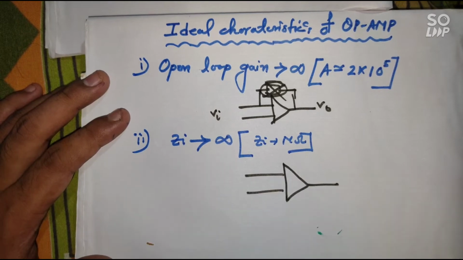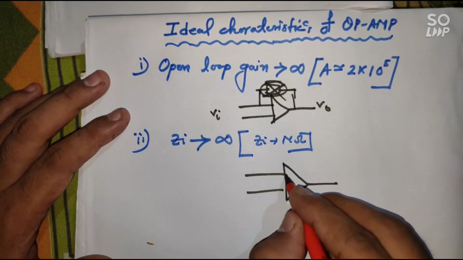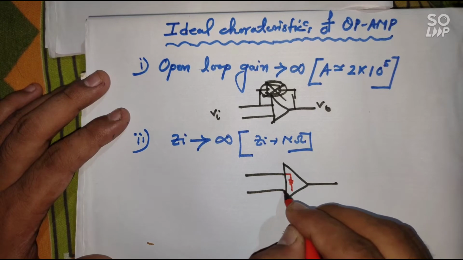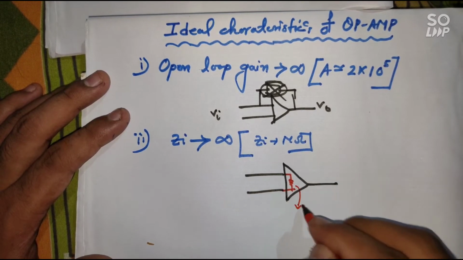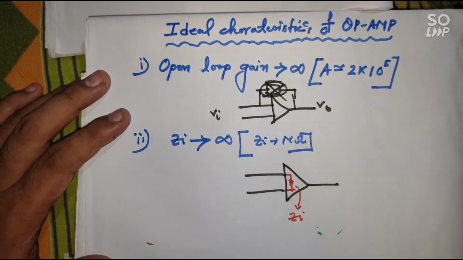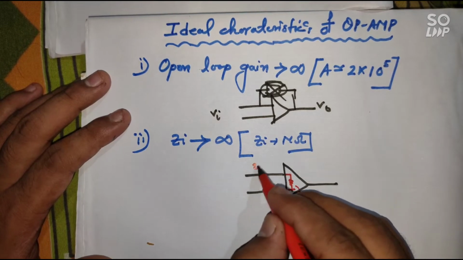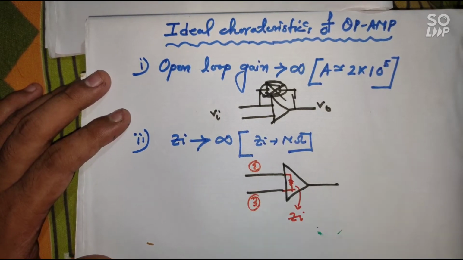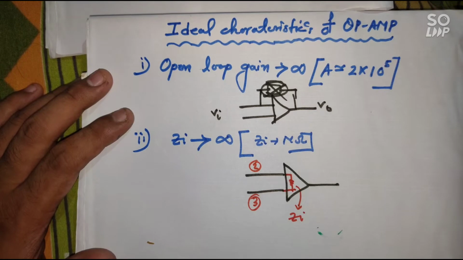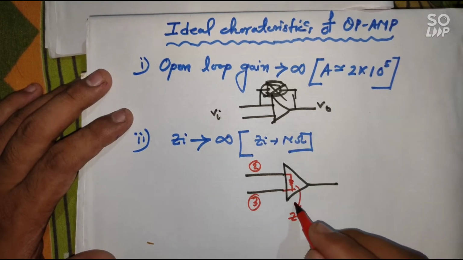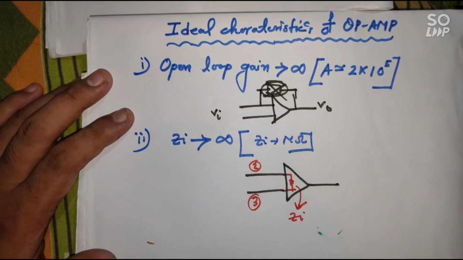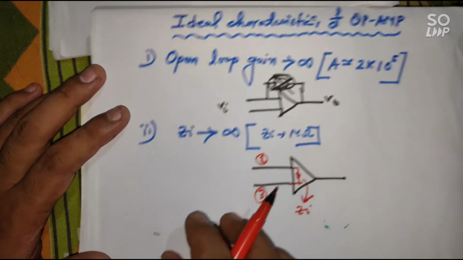Between the inverting and non-inverting pins, internally inside the op-amp, there exists an impedance. It's called the input impedance of the op-amp. This is pin number 2 and this is pin number 3. Between the inverting and non-inverting pins inside the op-amp IC, an impedance is playing a role. This is called Zi, the input impedance.